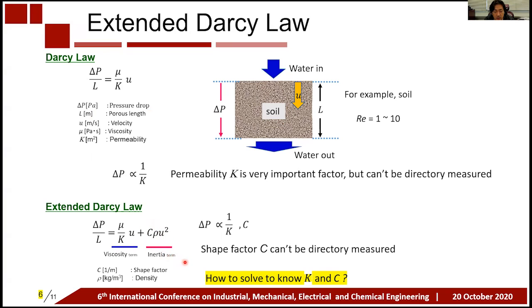Here, C in the inertia term cannot be measured directly, just like kappa, but must be clarified by experiment. So how do we find kappa and C?